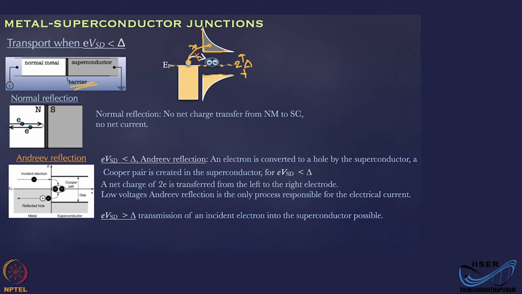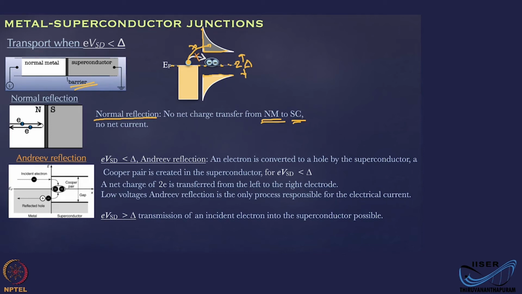Now, when you apply voltage and push the electron to the interface, what happens is this electron can reflect back. That is a natural process, a normal process. So there is a normal reflection of electrons, which doesn't contribute to any net current or charge transfer from the normal metal to the superconductor side. So no net current will flow because of this reflection.